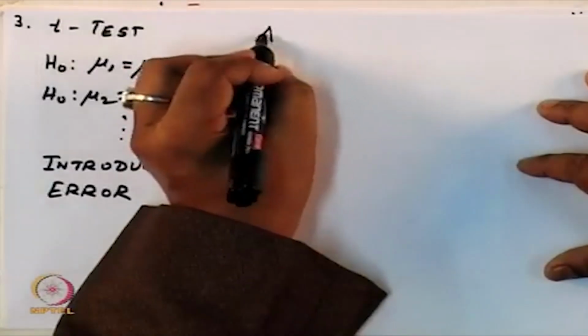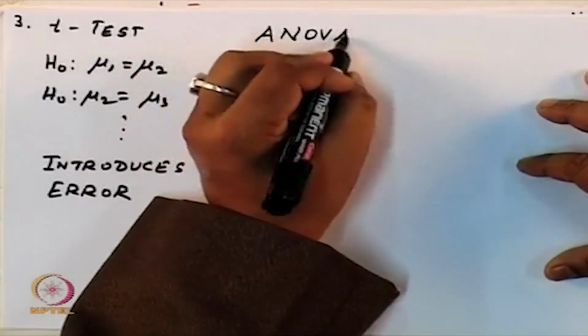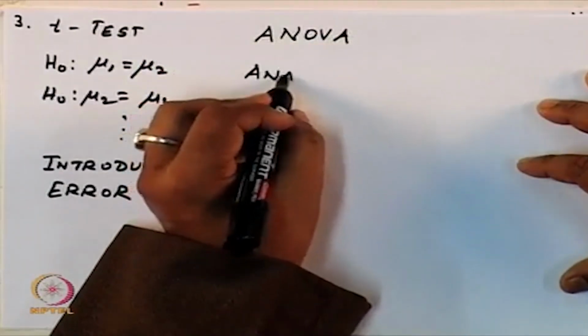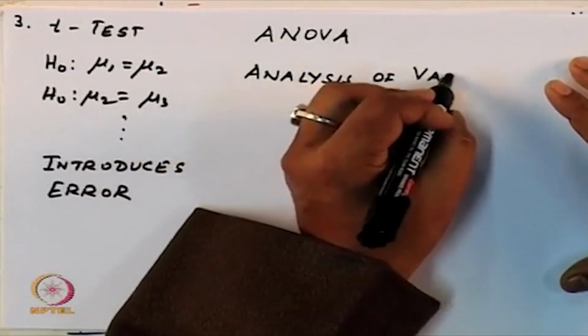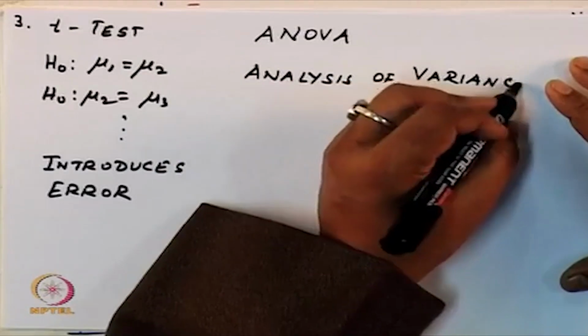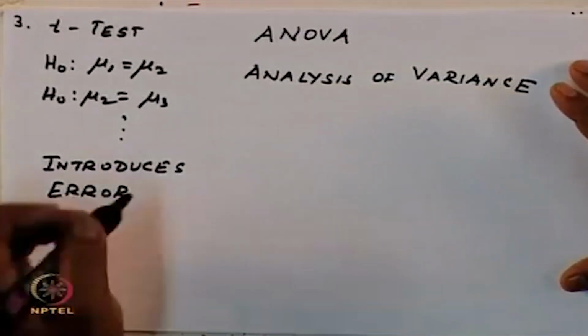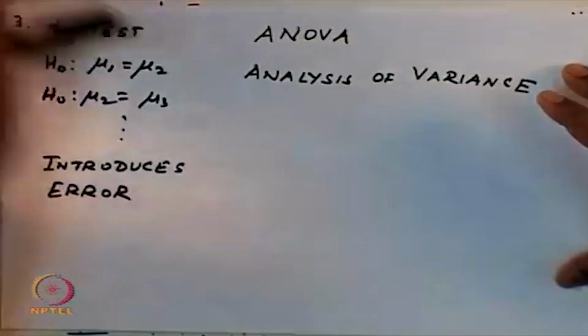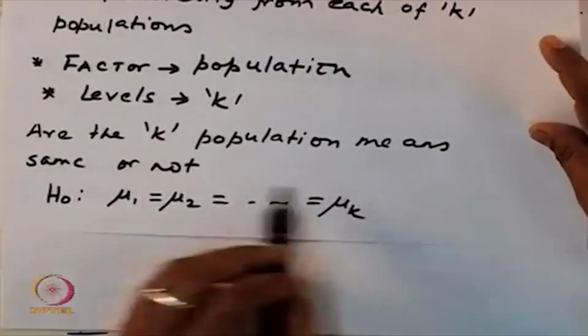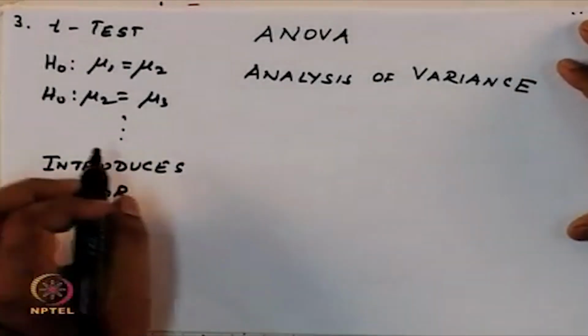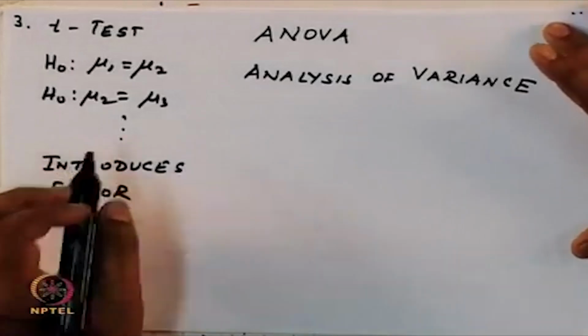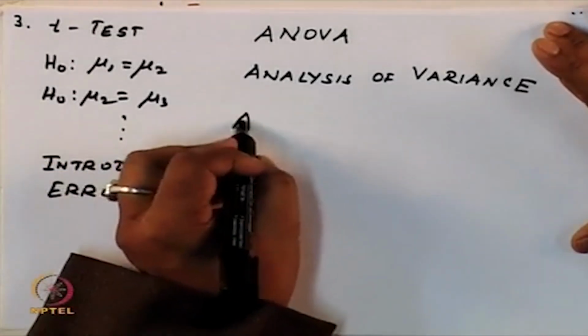So, ANOVA, okay, short for analysis of variance, allows you to answer this question, are the k population means same or not, in a single test. Okay. So, what do you exactly do in ANOVA, okay, and what are the assumptions?